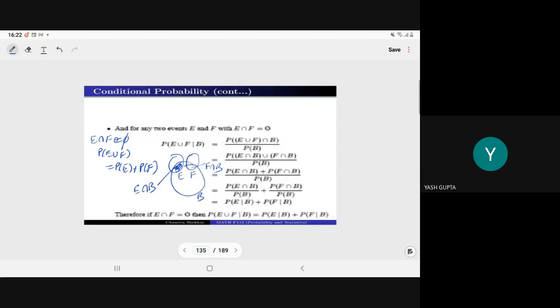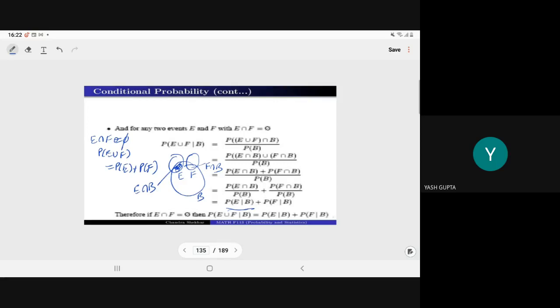So when they are mutually exclusive, it can be written as P of E intersection B divided by P of B plus P of F intersection B divided by P of B. And by definition, this is P of E given B plus P of F given B. It means we can conclude that it also follows the axiom of additivity.